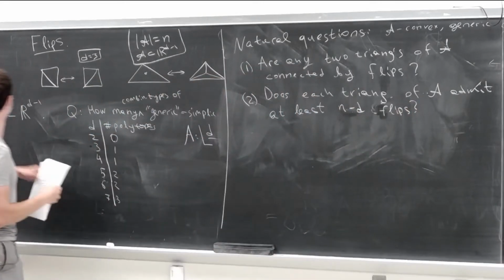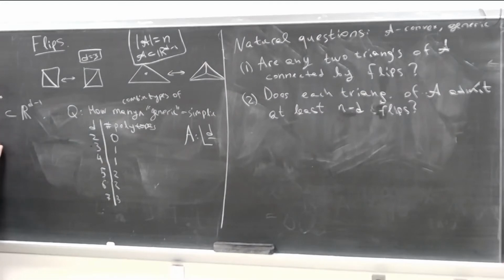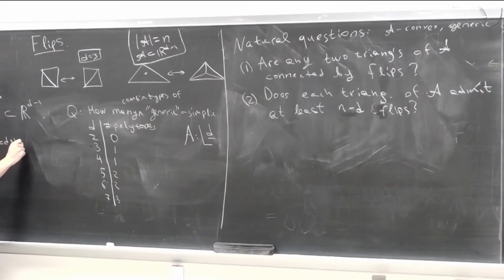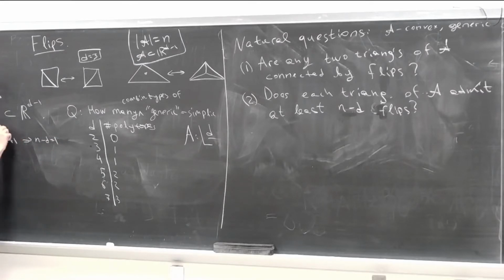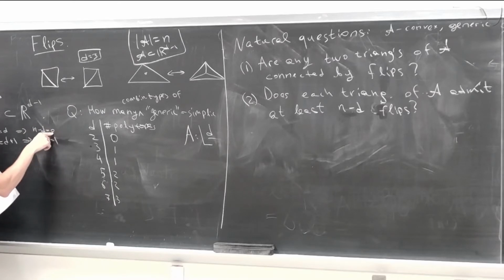Right, so when n is equal to d plus 1, there are two triangulations, and each of them has exactly one available flip. So n minus d is one flip available. And when n equals d, n minus d is 0, so you get 0 flips available when your points form a simplex.